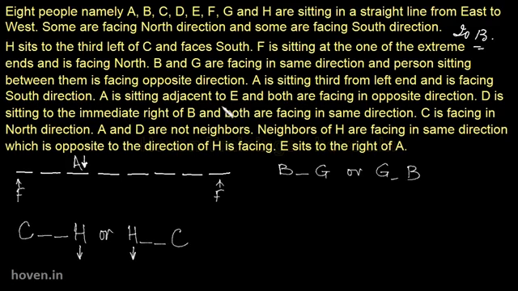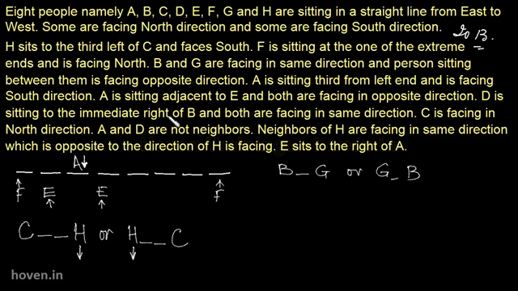A is sitting adjacent to E and both are facing in opposite directions. So E is also not known exactly. The only thing known is that he is either here or here and is facing upwards. So this is what we have right now.